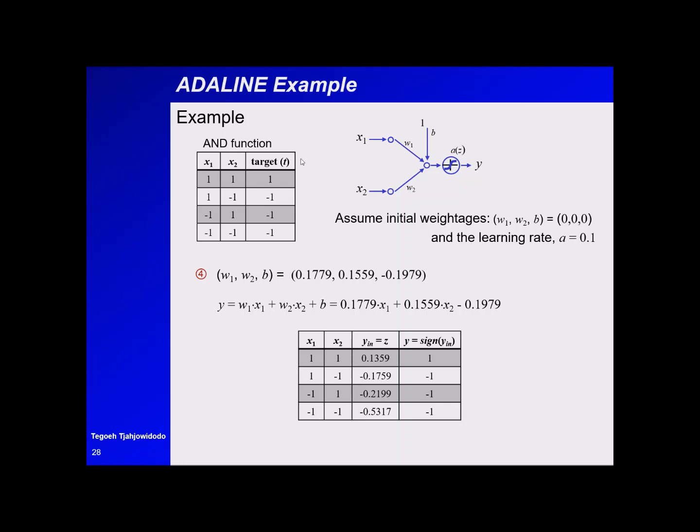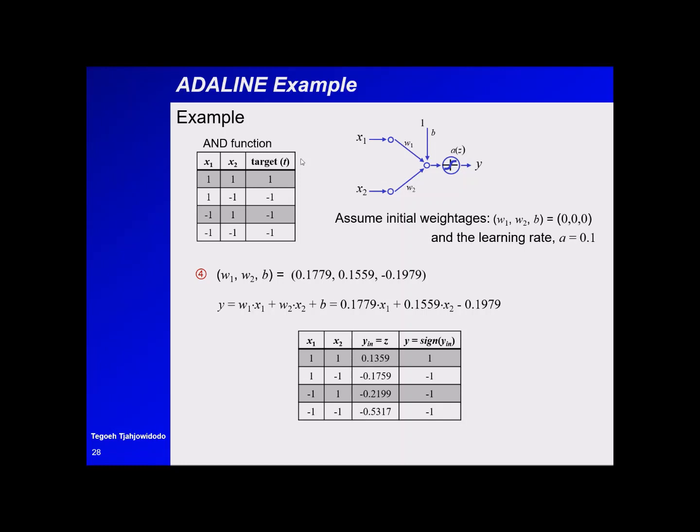In updating the weightage, I just consider the output before the nonlinear activation function, or in other words, I just consider the network with a linear activation function, even though the network itself has a nonlinear activation function.